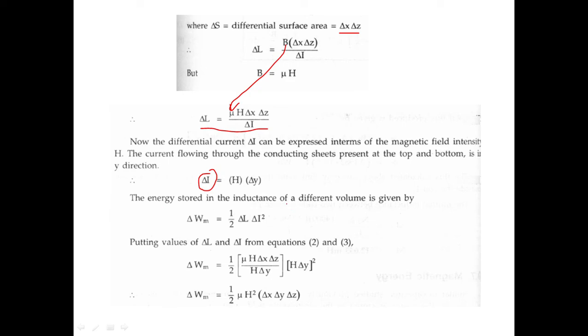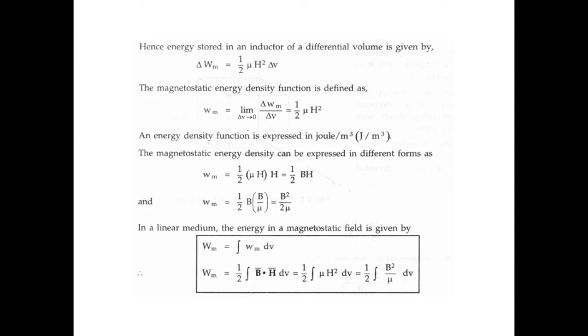So energy stored in the inductor of a differential volume is given by delta Wm is equal to half delta L into delta I square. So everything is differential here. Putting values of delta L and delta I from equations 2 and 3, delta Wm will be equal to 1 by 2, this equation substituted for delta L, and this equation substituted for delta I. When you solve that, you will get half mu H square delta X delta Y delta Z. So delta X delta Y delta Z can be written as volume, right?